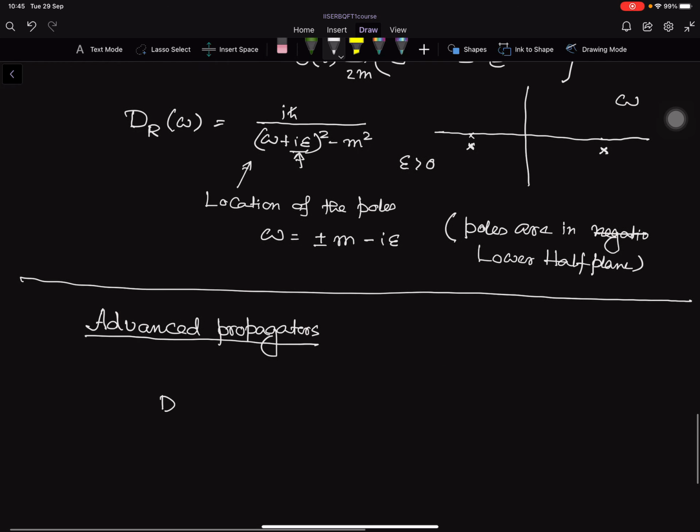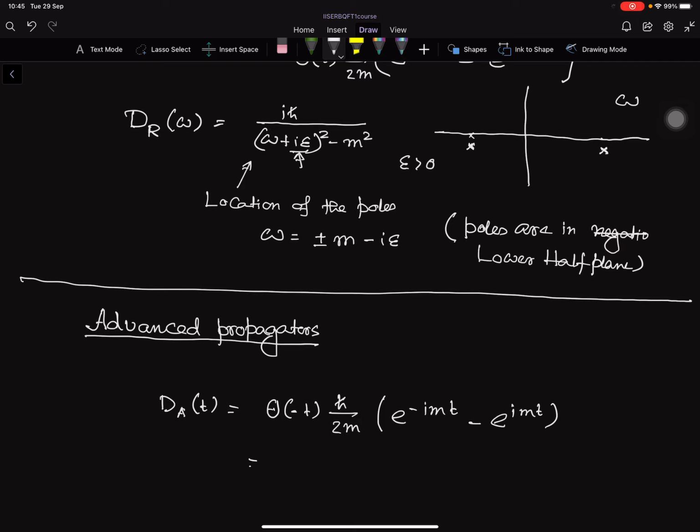So advanced propagator is nothing but if you take just the retarded propagator and flip the signs of that.